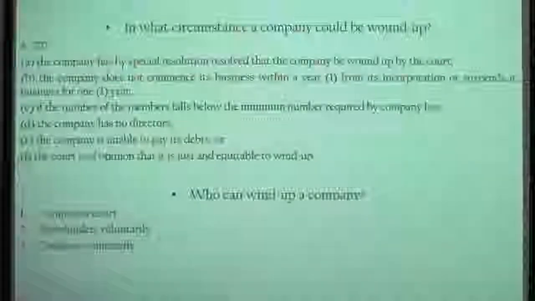Now, let me explain further the situation of a winding up by court. According to section 272, it lays out how an application for winding up by court is to be presented to the court.